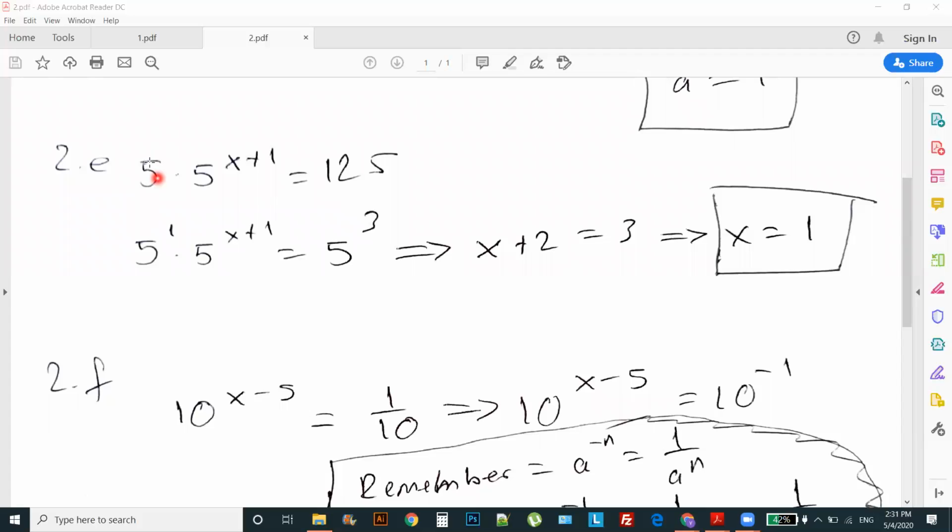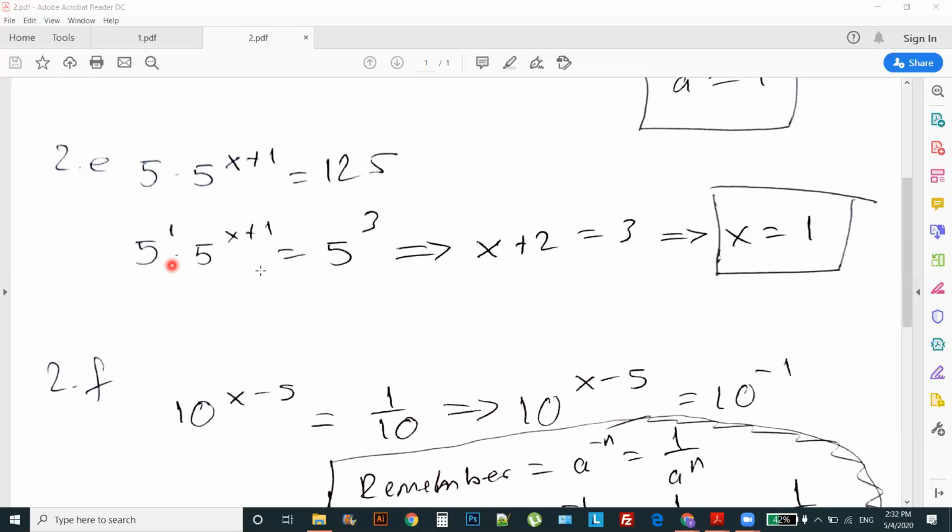So basically 5 to the power of 1 times 5 to the power of x plus 1 equals 125. The only thing I need to do here is to write this 125 in the form of an exponent. And that is 5 to the power of 3, because 5 times 5 is 25, and 25 times 5 is 125. So 5 to the power of 3 is 125.